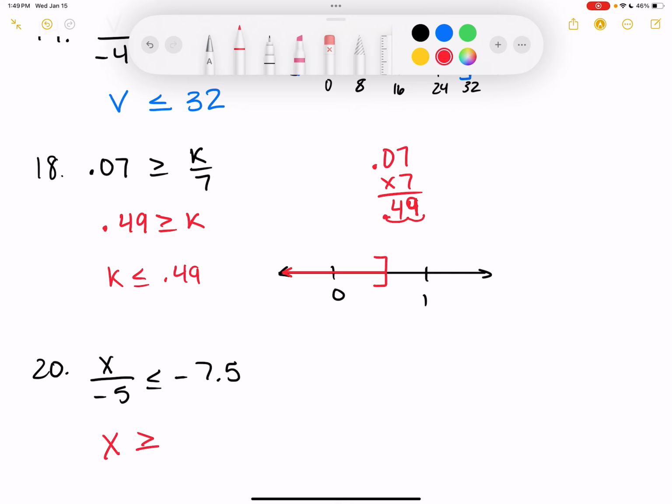Yep, I multiplied by a negative, so I flip it, so it becomes greater than or equal to 7.5 times 5. This is 1 decimal place, so I'm moving it over 1. So x is greater than or equal to 37.5.